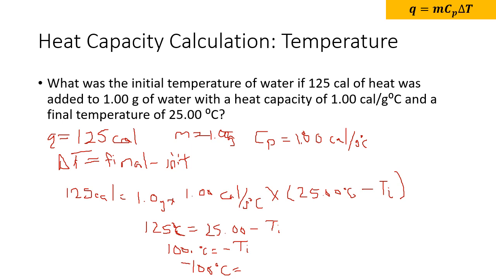We are in the Celsius scale. So our initial temperature was negative 100 degrees Celsius, which, if we add the 273.15, gives us 173.2 Kelvin.